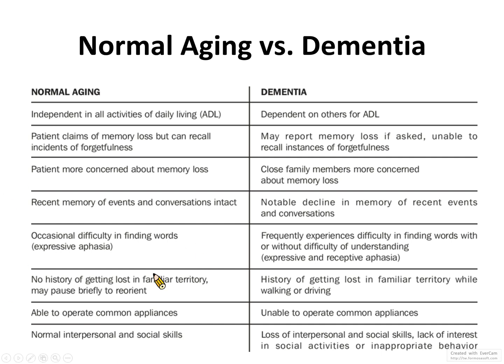All these can actually be categorized under the first criterion, which is independence in all activities of daily living. So that is the quite important difference between normal aging and patients with dementia.